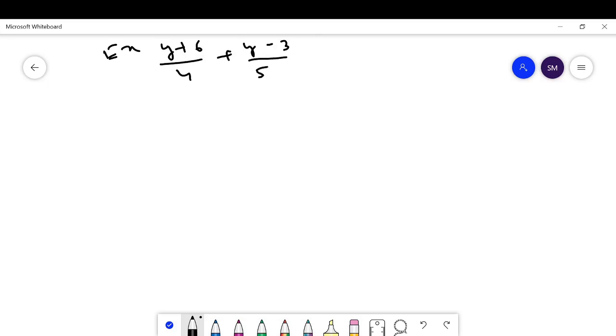Here the question is given: y plus 6 upon 4 plus y minus 3 upon 5 is equal to 5y minus 4 upon 8.